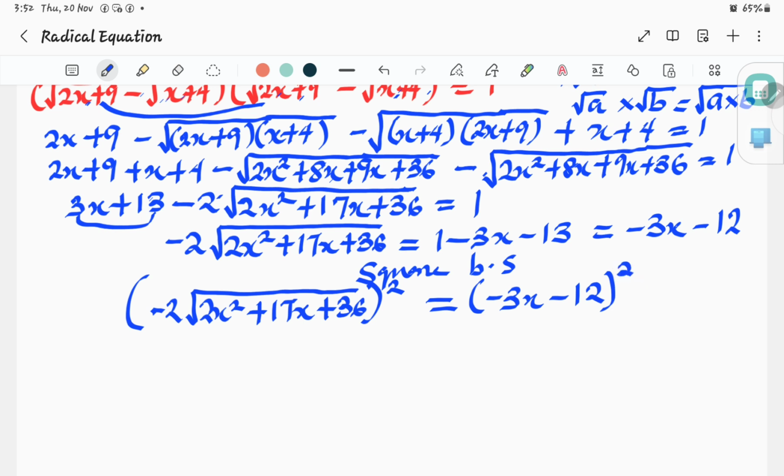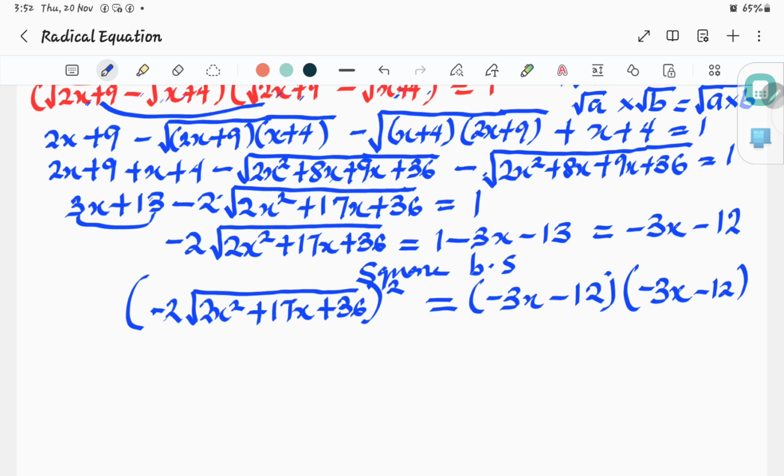Now you know that all squared means it's going to be in two places, so let's just make it 2 to make our work faster. So this is negative 3x minus 12. Don't forget the square means you multiply it twice.